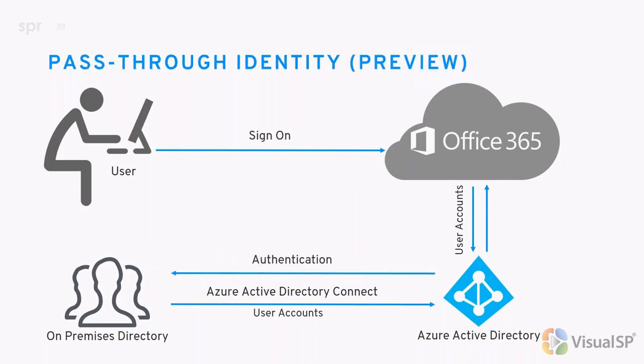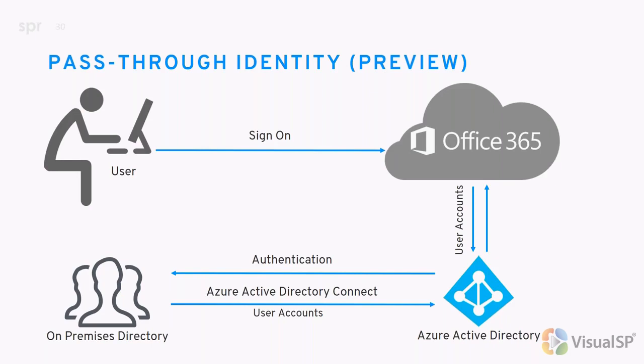But the last approach is by far the best. It's where the user signs on to Office 365 and some basic account information is stored in Azure Active Directory. However, Azure Active Directory passes on the authentication to the on-premises directory. So it doesn't store any passwords or any information in Azure.